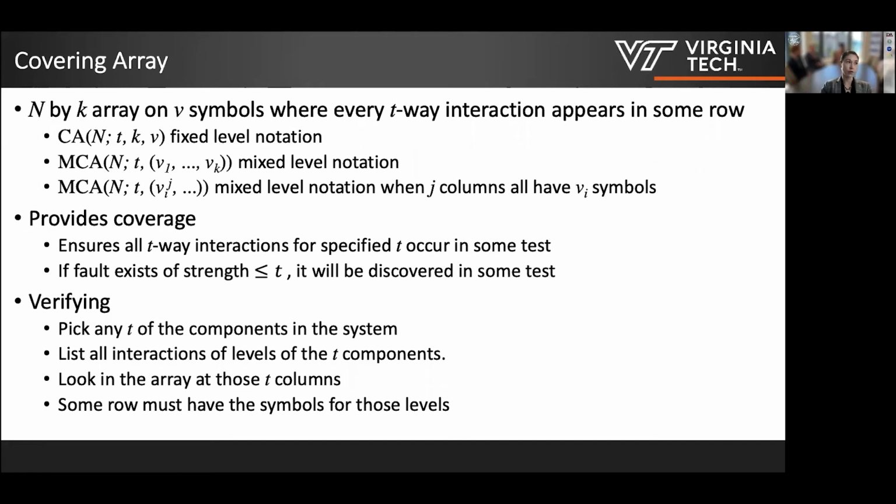What does a covering array do? It provides coverage. So it ensures that all T-way interactions for the specified value of T occur in some test in the test suite. This means that if a fault exists that has strength up to T, it will be discovered in some test. When we run the test on deterministic software, then that faulty interaction will cause a failure.